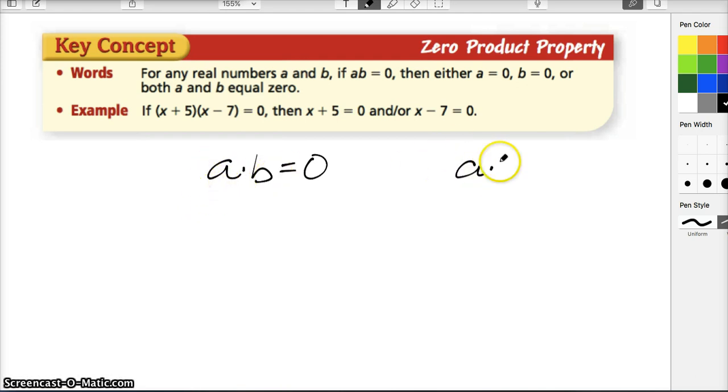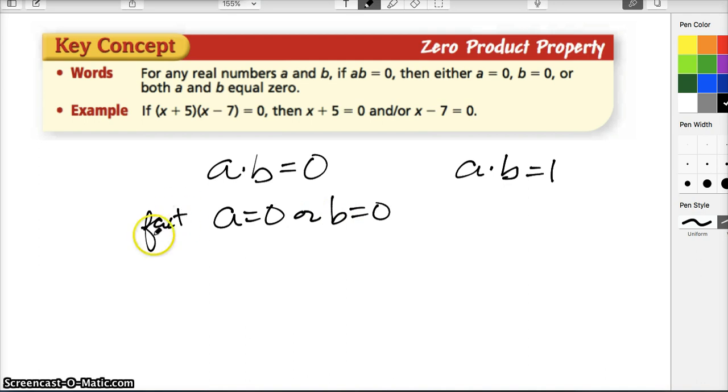For instance, if I had A times B is equal to 1, I don't really know much about them. Both of these numbers would depend on the other one for a value, whereas this situation is very, very straightforward. I know for a fact that either A equals 0 or B equals 0. This is a fact, okay?